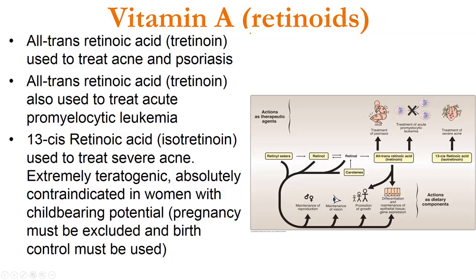That means if you have a woman who you're going to treat for acne or psoriasis with this, they will actually force her, I believe, so don't quote me on this, to actually prove that she's on birth control. But you absolutely do not want to get pregnant when you're on this because it's very much teratogenic.